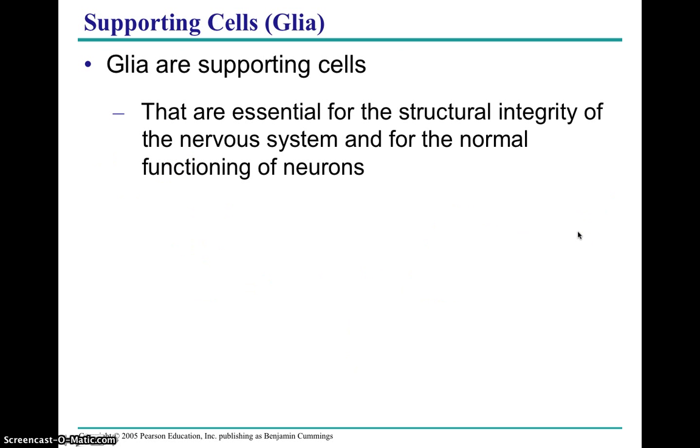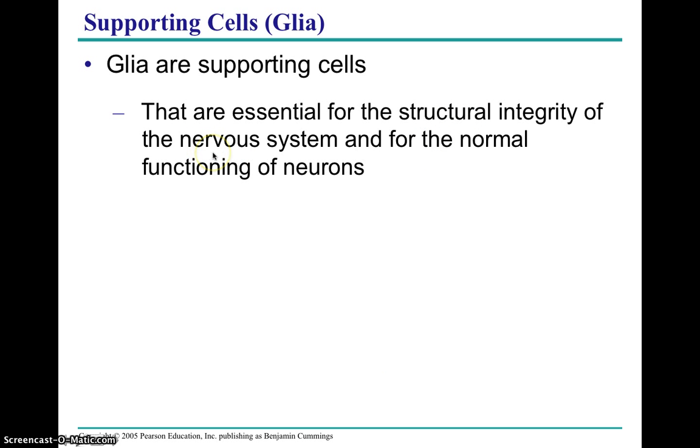Now, a lot of the attention in the nervous system goes to neurons, but in fact, they are not the most numerous cells in the nervous system. They may be classified as the most important, if you like, but there is a variety of other cells that support the nervous system and play very important roles. They're called glial cells, or neuroglia, and they maintain structural integrity.